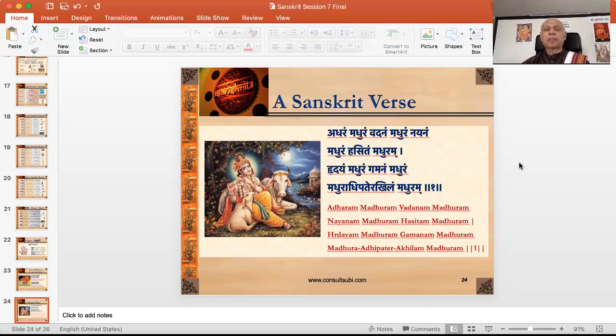Like you have Ashtapati of Jayadevar, which is 8 lines in each verse. So this is a beautiful verse which was composed by a great saint by name Vallabhacharya, who lived in the 15th century. And he wrote this on Krishna, on the beauty of Krishna. In fact, it's been sung very beautifully by many artists, including M.S. Subbulakshmi.